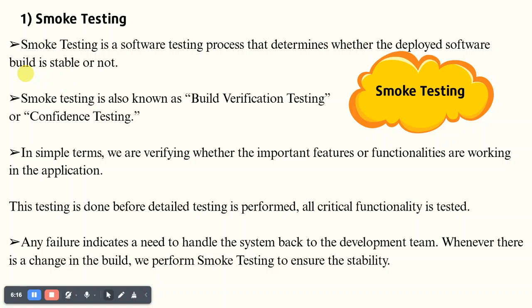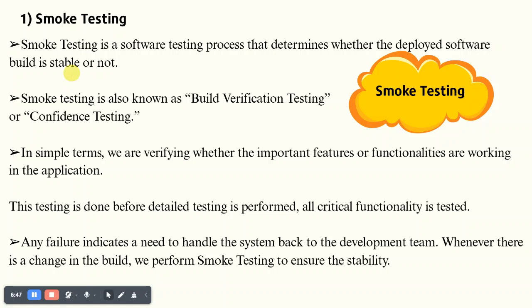What do we mean by a stable build? A build is stable when, as a tester, we check the functionality we received from the developer side as per the customer requirement.